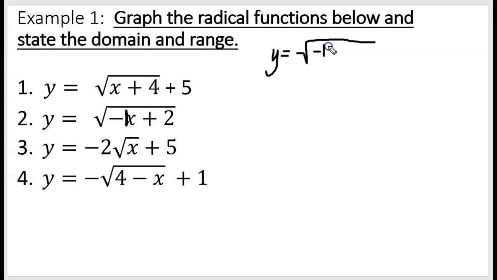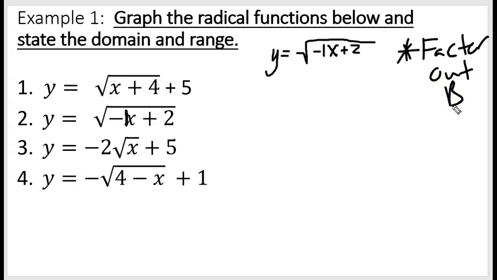So when you have a B and an H at the same time, we need to factor out the B. If you don't do that, you'll get the wrong answer. So anytime you have anything other than a 1 in the front, in this case it's a negative 1. So anytime you have anything other than a positive 1 in the front of that X, then you need to factor it out. And here's what I mean by that.